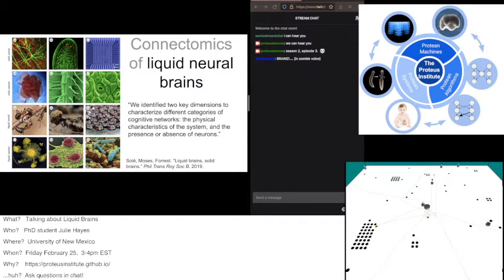So these here are ants. This is our sort of classical canonical way to think about liquid brains as sort of ant colonies. But these little guys are kilobot robots, and lots of cool work has been done with their architectures, them as liquid neural brains. And then these are aneural liquid brains.